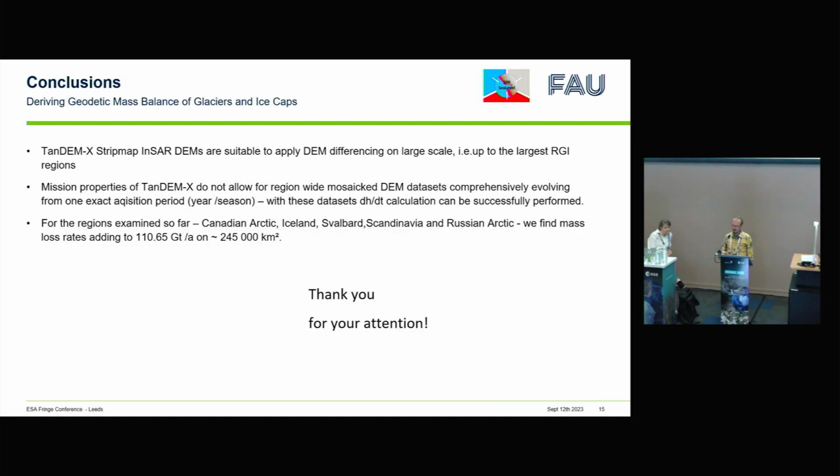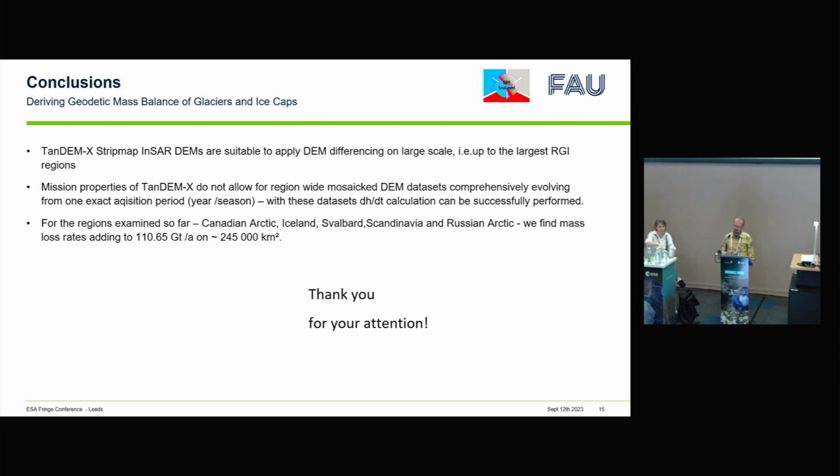So there is still some work going on, but we can conclude from here that our DEMs derived from those archived COSMO-SkyMed SSC data are really applicable for this DEM differencing on glaciers.